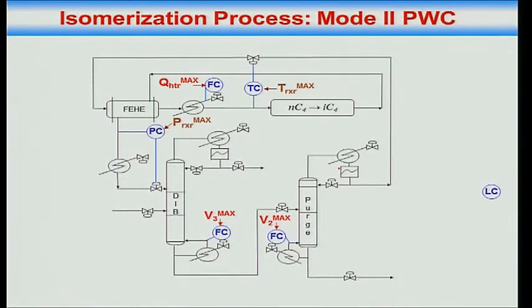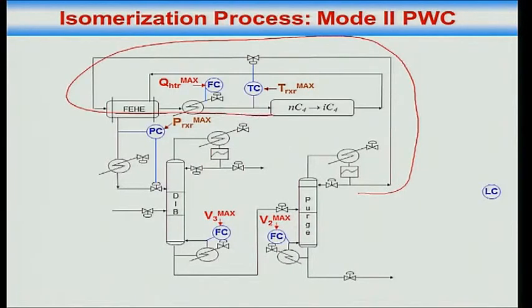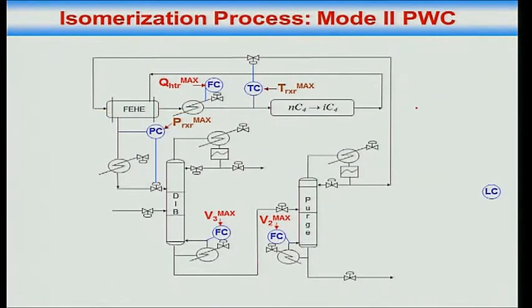Then I need to control the temperature going into the reactor. The only way I can do that is by adjusting the flow through the reactor. See, this stream is what flows through the reactor. So by adjusting this flow, I am controlling the temperature inside the reactor.